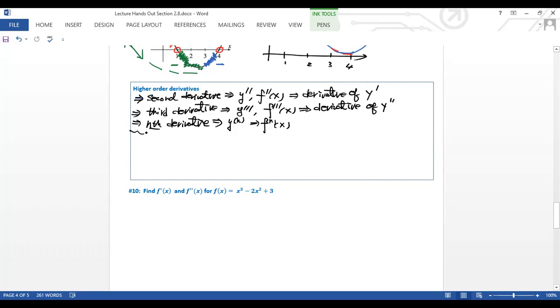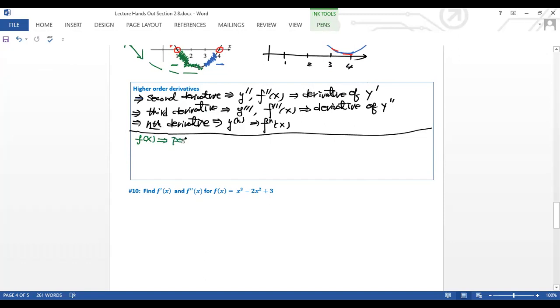For higher order derivatives, we have one very important application in physics.